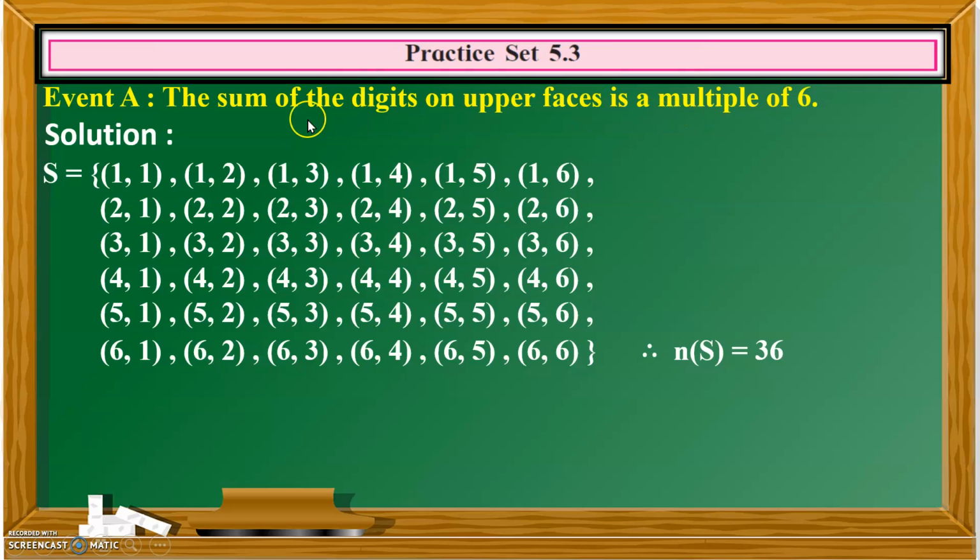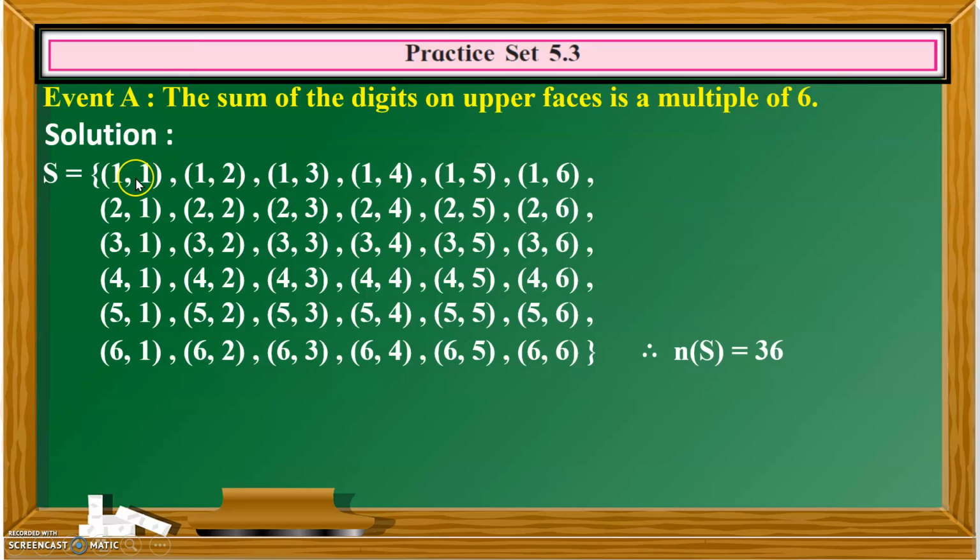Now you have to find the sum which is a multiple of 6. There are many multiples of 6, infinite: 6, 12, 18, 24, 30, 36. You can have infinite, but you have to find only those multiples which fall in this particular sample space.